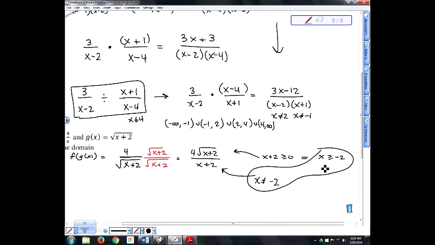X has to be greater than or equal to negative 2, but x cannot equal negative 2. So all that needs to be dropped is the equal to part of the inequality. X has to be greater than negative 2. So the domain is from negative 2 to infinity with a parenthesis, not a bracket.